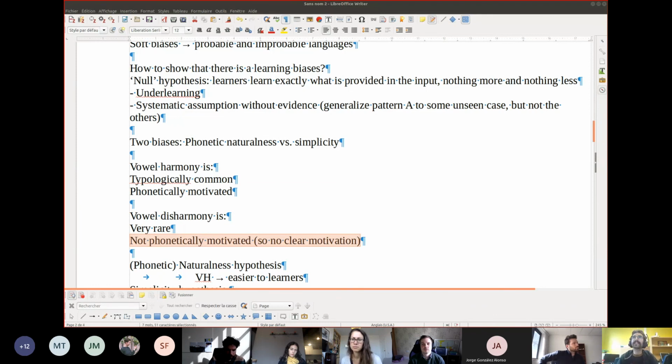Would it be interesting to look at those populations, even if they are rare, to test them on artificial language and see how they respond, and compare to see if they behave the same way as English speakers in your experiment? Then it could mean that it's an accident that they have vowel disharmony, but they still have the cognitive mechanism that makes them against it.